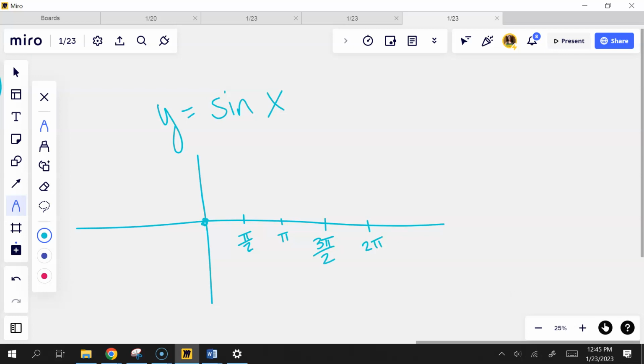If I went one more, 5 pi over 2. What would the next one be? 7 pi over 2, right?